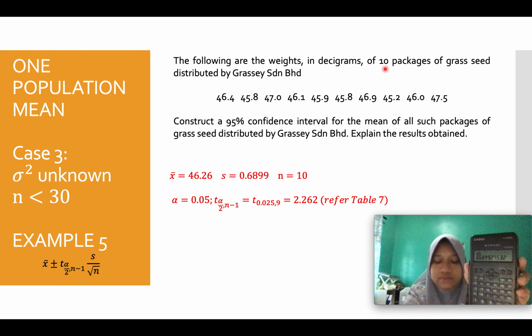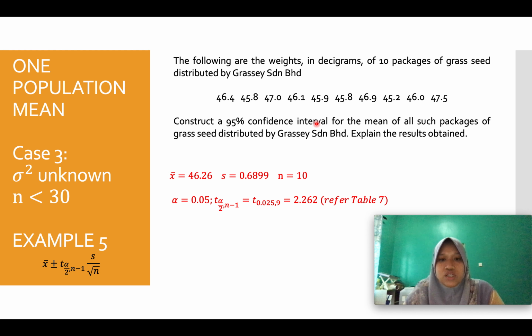So I get 0.6899. Okay, so our alpha is 5%. 100 minus 95, so we get 5% divided by 100, 0.05. So t alpha over 2, n minus 1. For case number 3, you should refer to table 7, which is the t table.